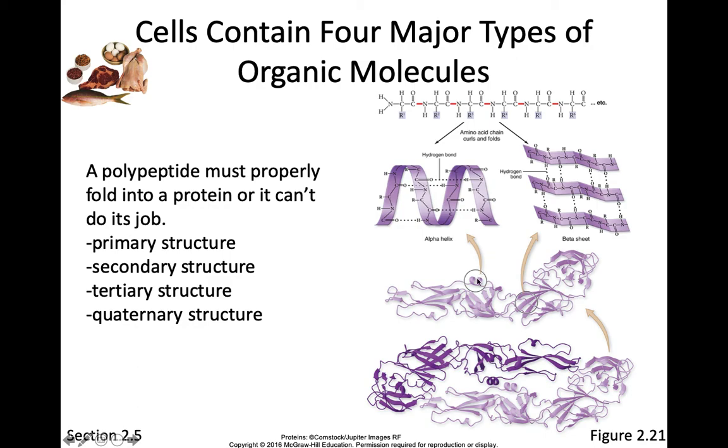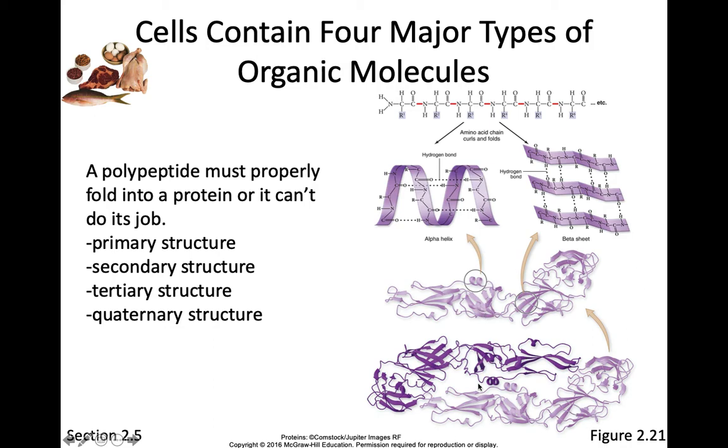You can see here our alpha helixes and our beta pleated sheets. They're all connected together, folded back upon one another. That is tertiary structure. This is a fully functioning protein that does what it needs to do. It can be an enzyme, it can be a structural support protein, a muscle protein, anything that it's supposed to be. This protein will be able to do it. It has now been fully printed and fully assembled.